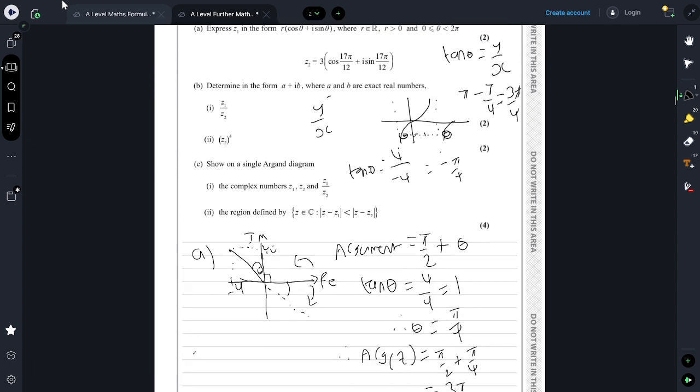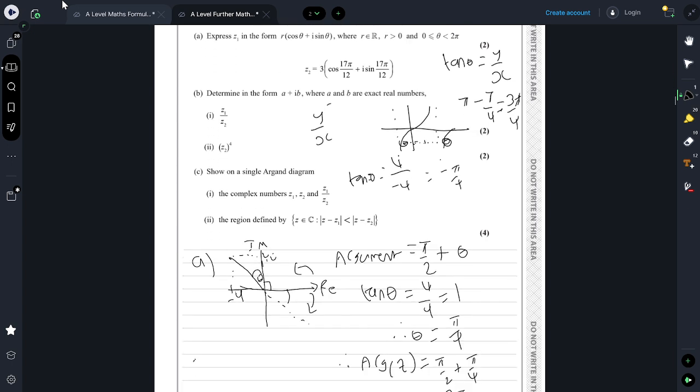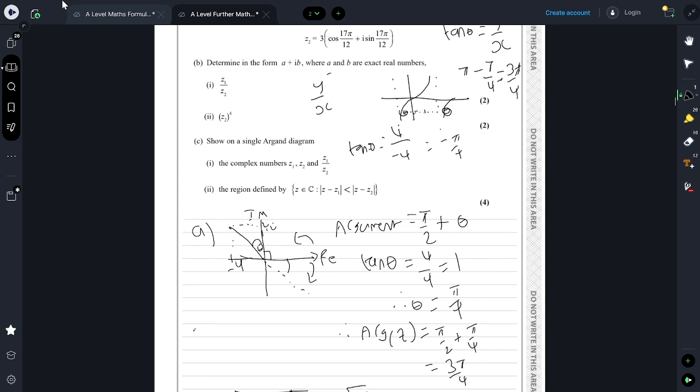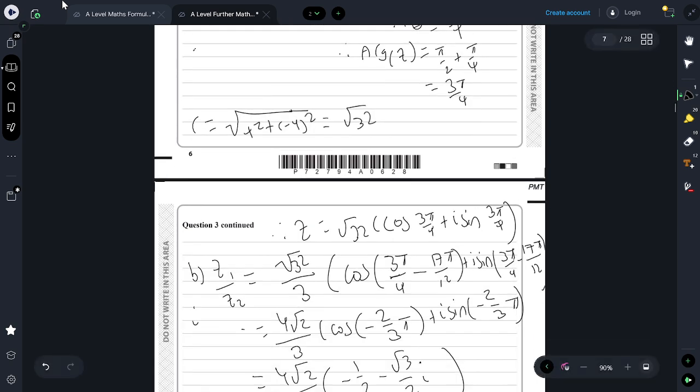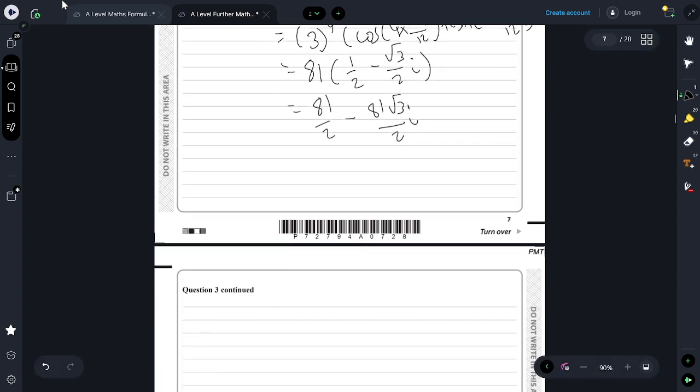Now it says for part C, show on a single Argand diagram the complex numbers Z1, Z2, and the division, which we worked out in part b i. So let's do that then. We already did plot Z1. So, part C. Let's draw a big Argand diagram.